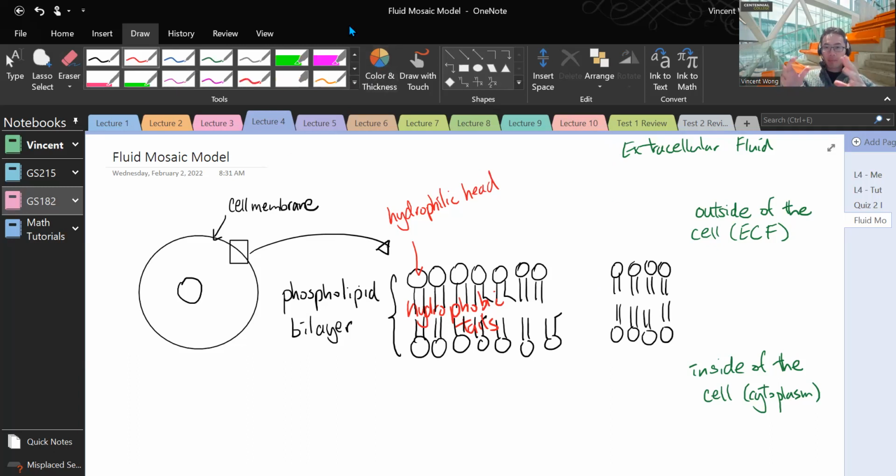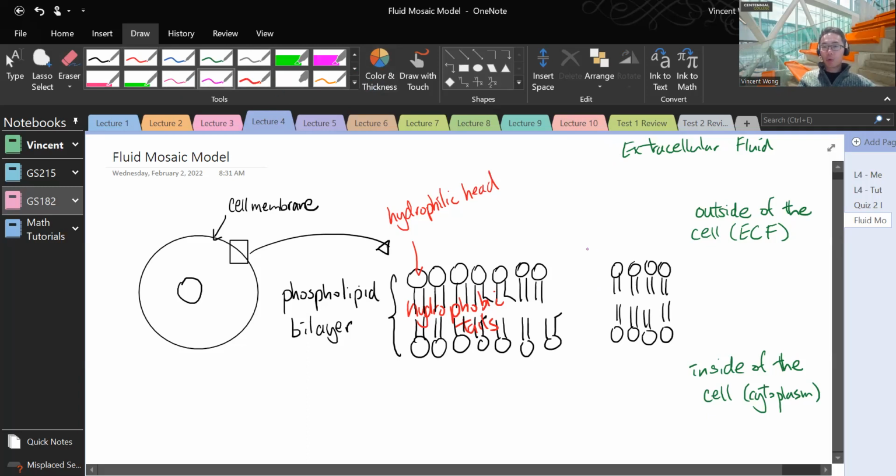Scattered throughout the membrane, there is going to be a bunch of proteins. Okay, so some proteins are going to go all the way through. It's going to extend from the outside all the way to the inside. Does anybody know what we call this kind of protein? What kind of membrane protein would this be if it goes all the way through?